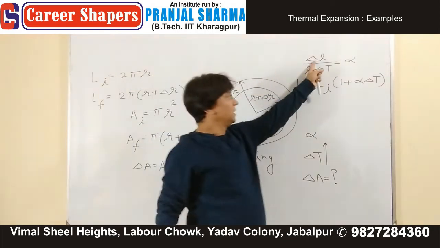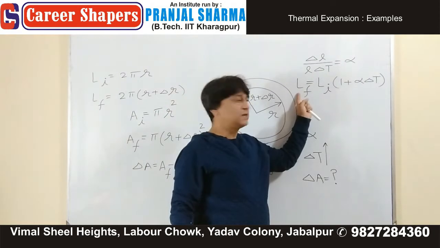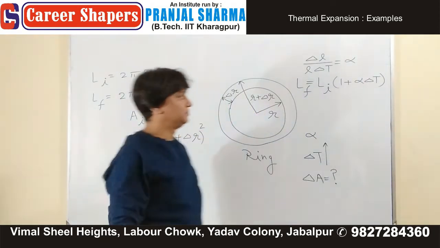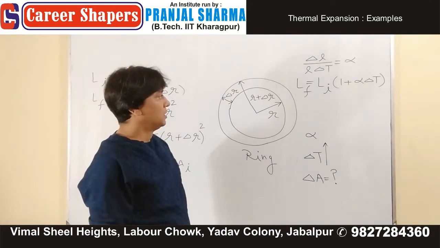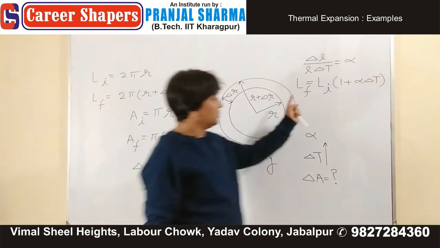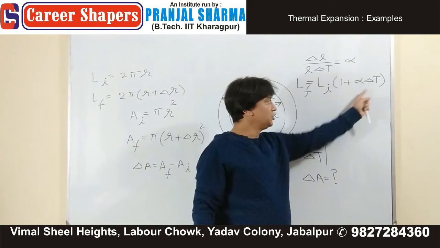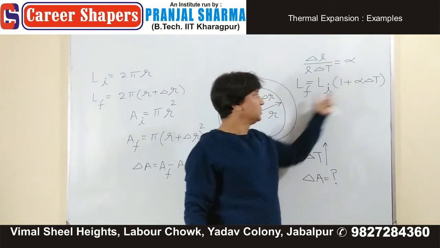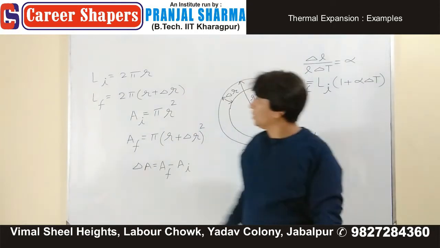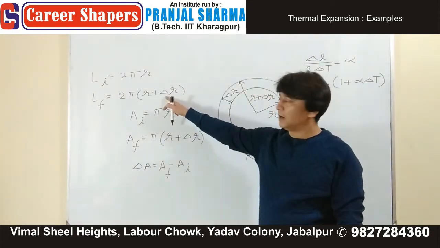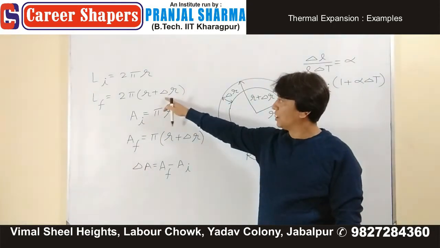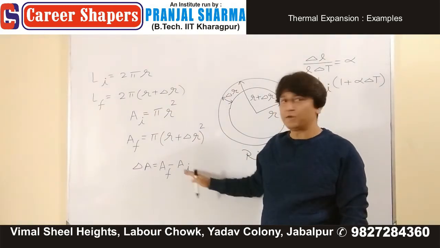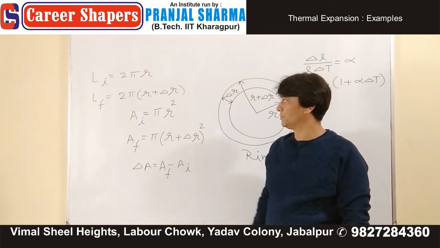What is delta L? L final minus L initial divided by L delta T gives you alpha. Now, this is L final, this is L initial, delta T is given, alpha is given. Using this, you can find the value of delta r. Once you have the value of delta r, put it here and you can find delta A.